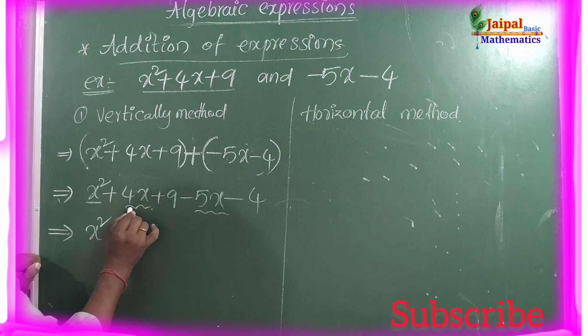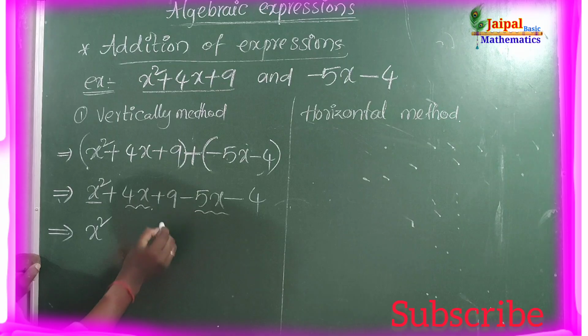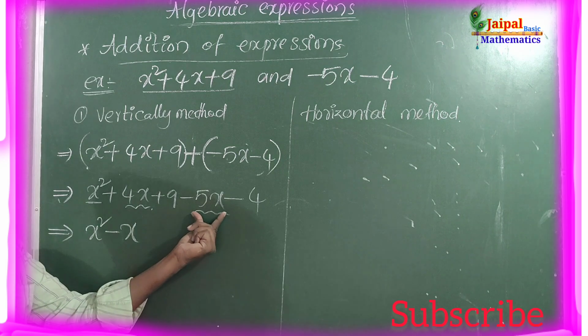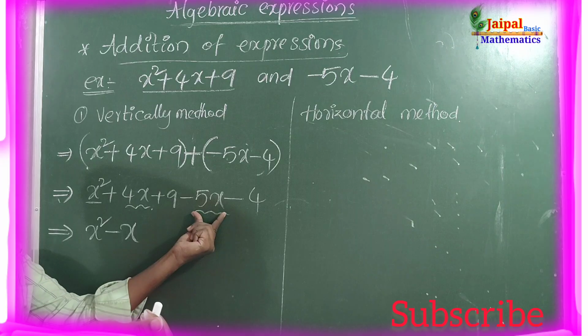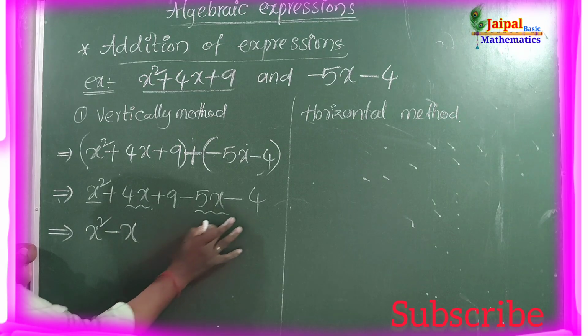Here 4 minus 5 means 5 minus 4, how much? 1. Minus 1 will come. So as usual, we can write minus x. Here minus 5 is the bigger one, and from the bigger number we are subtracting the small number 4, it is 1x. Since the bigger number has minus, I am keeping minus. Over.